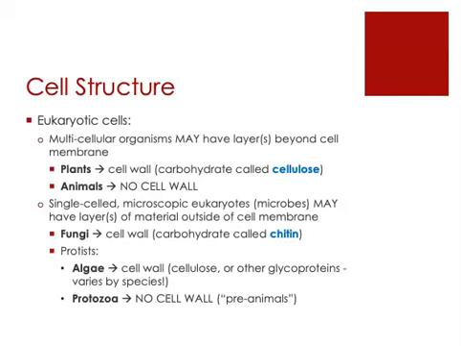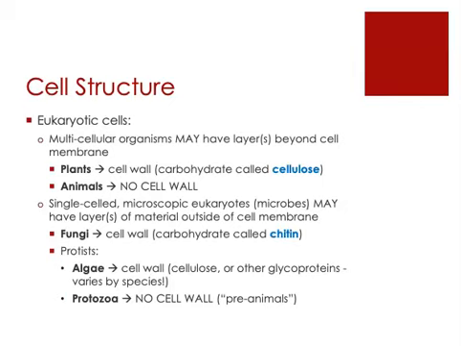And if you recall from our introductory lecture, chitin is not just found in fungi, it's also what makes up the rigid exoskeleton in insect species. If we look at the protists, the other single-celled eukaryotic organisms that we've talked about, remember that includes both algae and protozoa, our primitive animals, the protozoa.